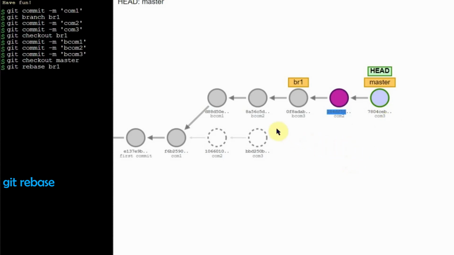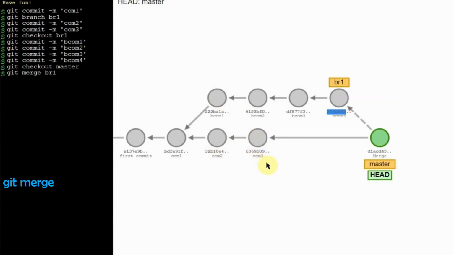The other thing is you get a linear history of commits, a single straight line. You will lose all these commit IDs. But in case of the merge option, you see all the commit IDs and all the history of whatever you have done in this repository. So that's the major difference between the merge and the rebase option.